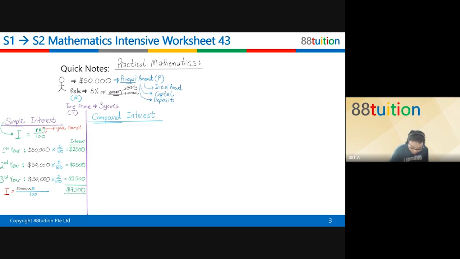Times the time frame, the T, which is in number of years, 3. So if you press your calculator, 50,000 times 5 times 3 divided by 100, you immediately get $7,500 as the I. I stands for the simple interest. Do you understand? So this formula allows you to get to the answer much faster.